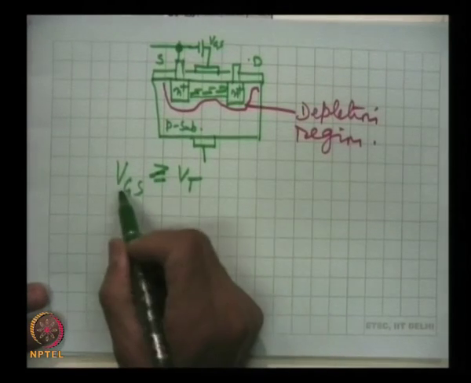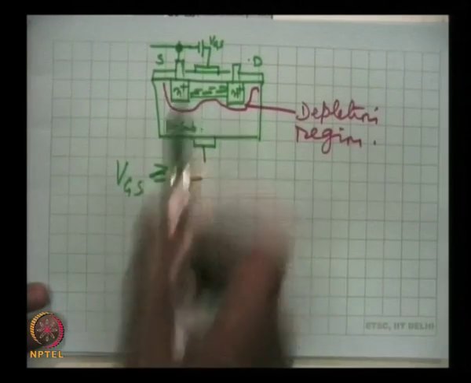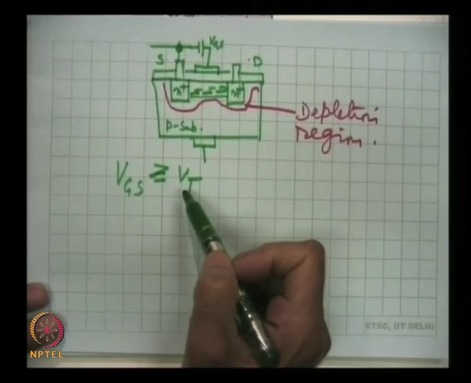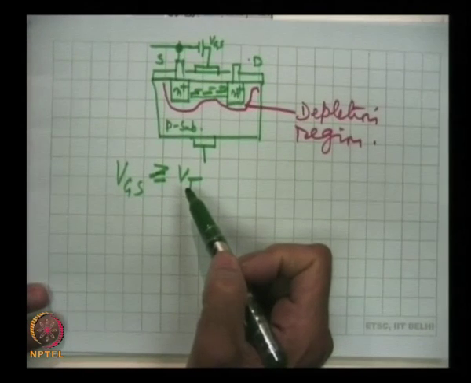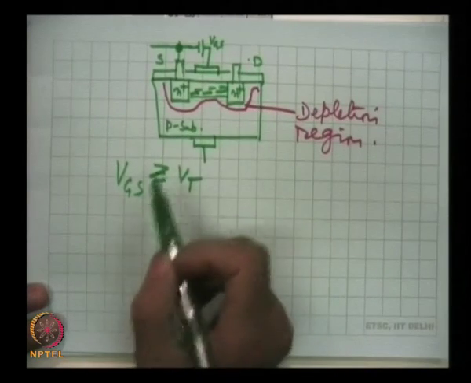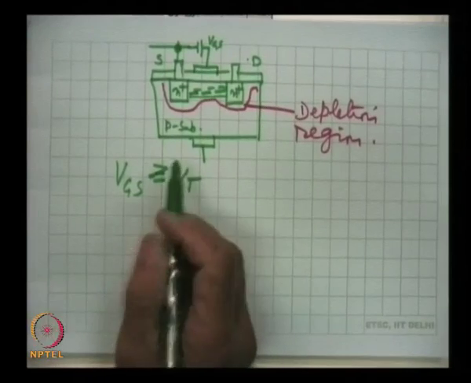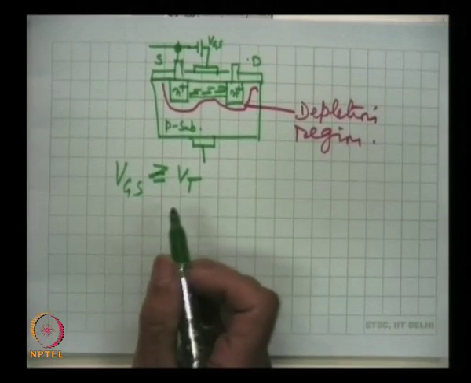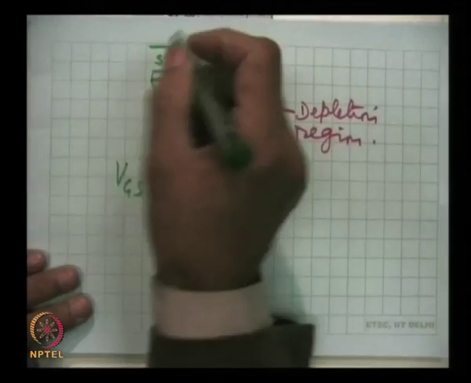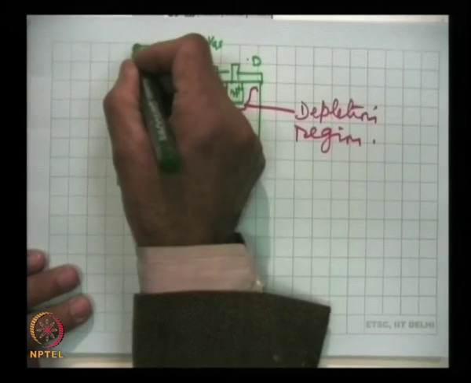If the gate source voltage is less than the threshold voltage, the channel will not be formed, and so the device works only when there is a channel, and for that we should remember this. And now let me complete this circuit.